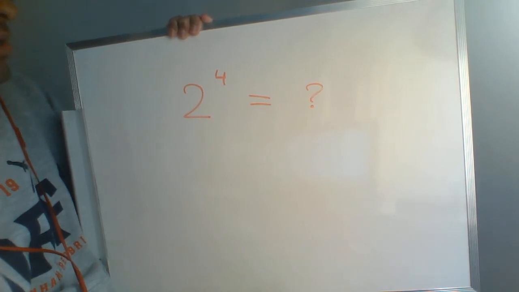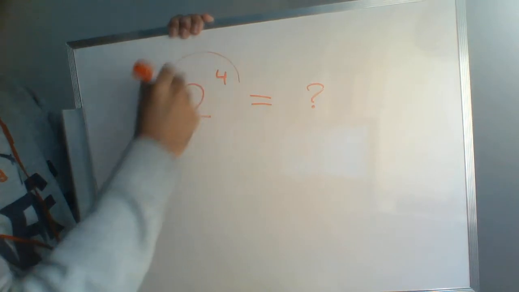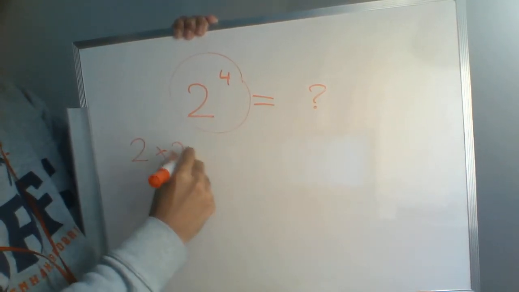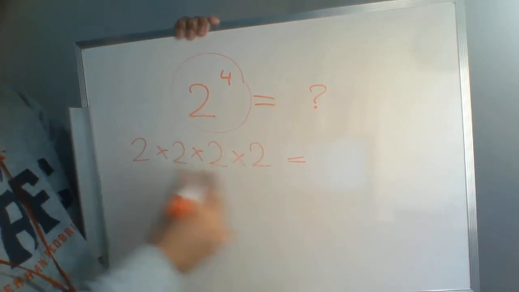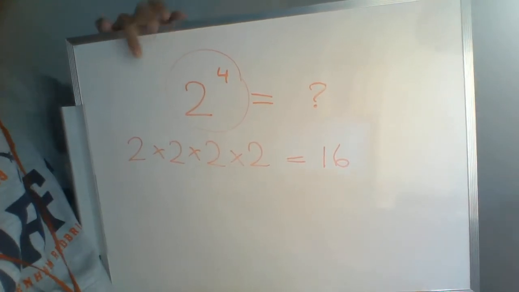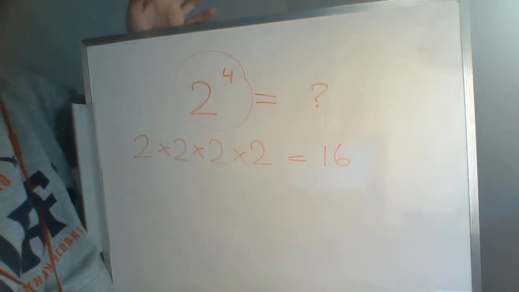Alright, so that's basically where this whole process started. What does it mean to write down something like this? How do we work that out? And we eventually got to something like this, and we would be able to get our answer, which would in this case be 16. Right, so we started with you've been given the base and you've been given the exponent, and find out what it's equal to.